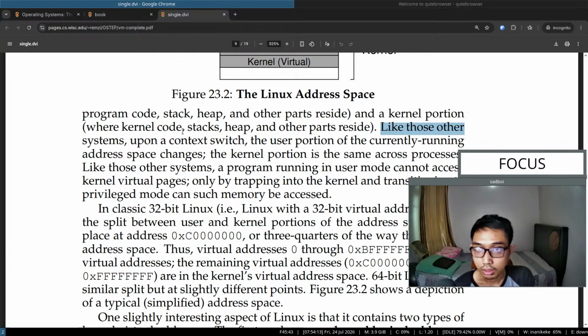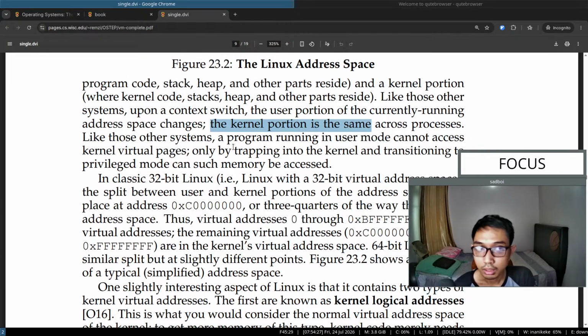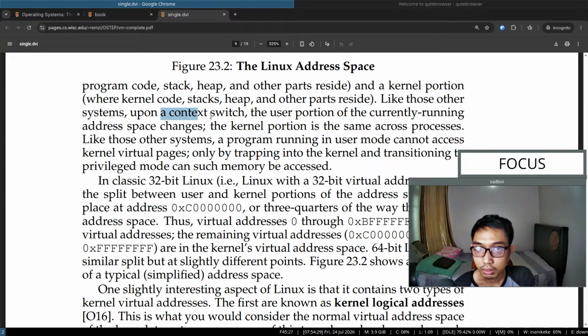Like those other systems, upon a context switch, the user portion of the currently running address space changes. The kernel portion is the same across processes.